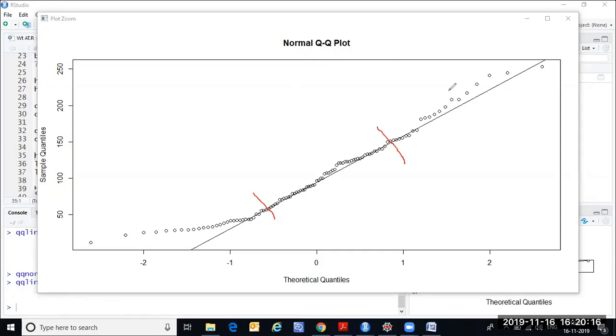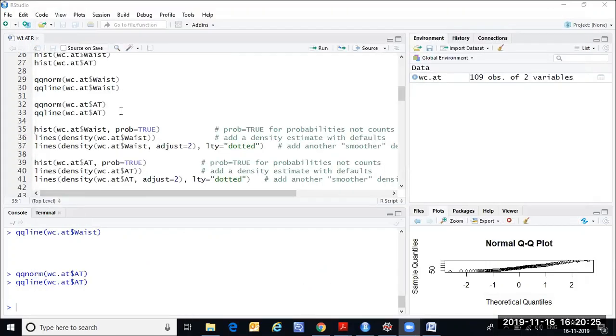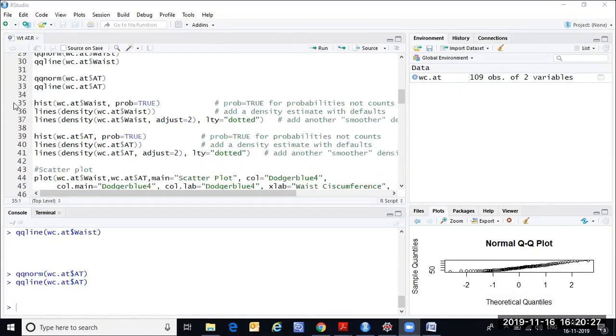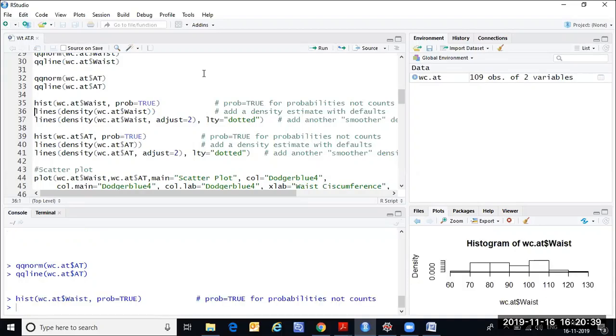Clear? Let's calculate the probability distribution. Histogram with probability equal to true gives us the probability distribution.